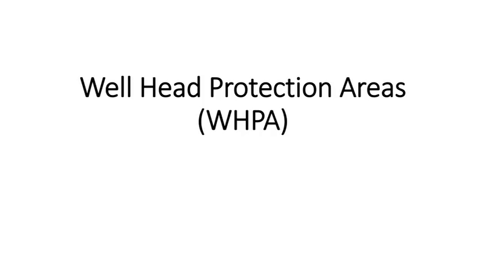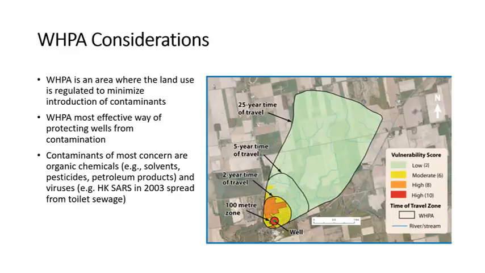Now let's move on to the wellhead protection areas, or WHPA. Wellhead protection areas are essentially buffer zones or areas which have a regulated land use to minimize the introduction of contaminants. In other words, these are areas that are typically designated as reserves or no build zones, no residential houses, no factories, nothing whatsoever, to minimize the introduction of contaminants in the vicinity of the well.